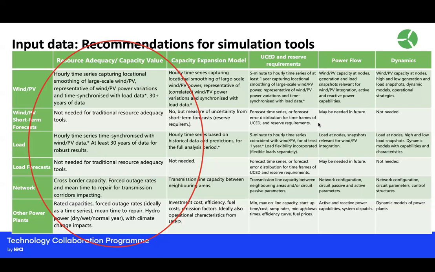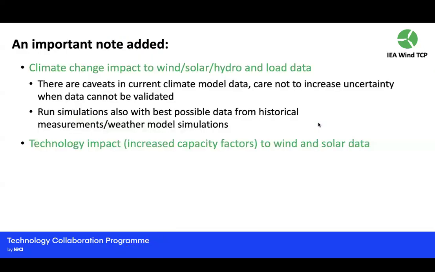So just to go through one of these columns in more detail, the note that we have added is that when you have this long time series of wind and solar, and you're not just simulating a case for today, you should think about climate change impact on any weather dependent data that you have.